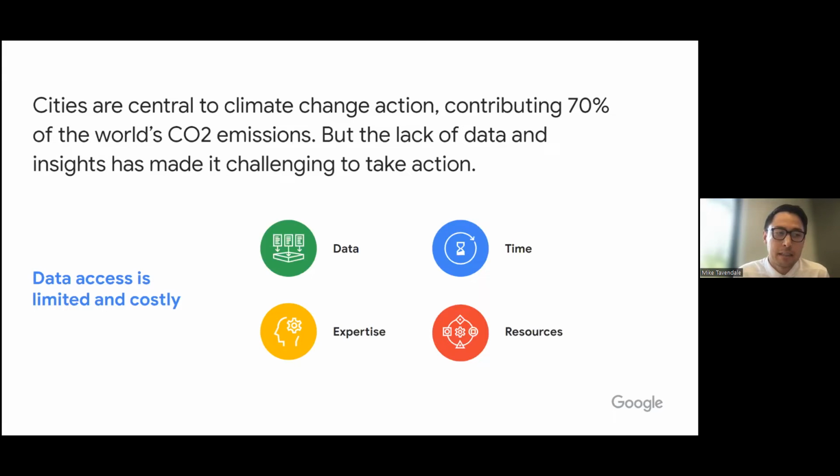Not only is this data hard to procure, but sometimes it's just not available depending on the community. And even where there is access, it can often be very costly, not only in time but in resources, and, depending on the data set in question, potentially in switching costs as well.